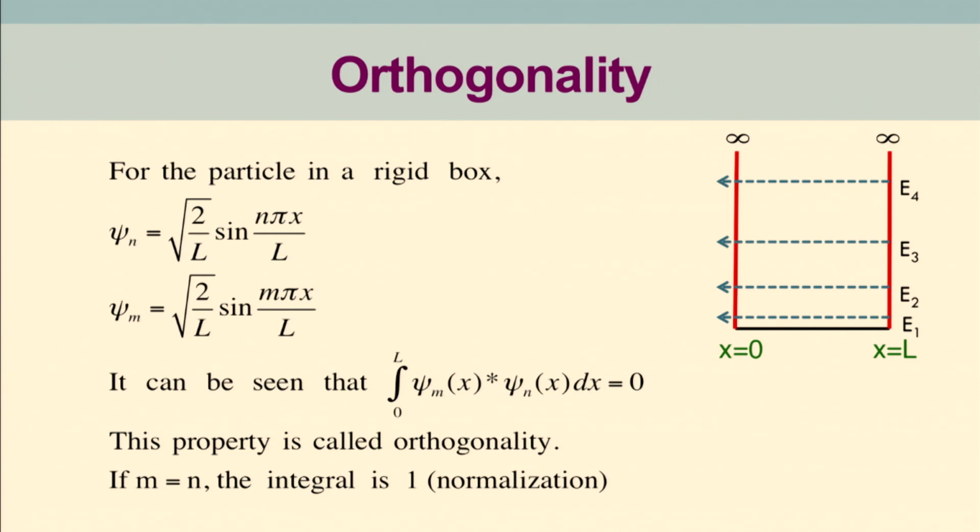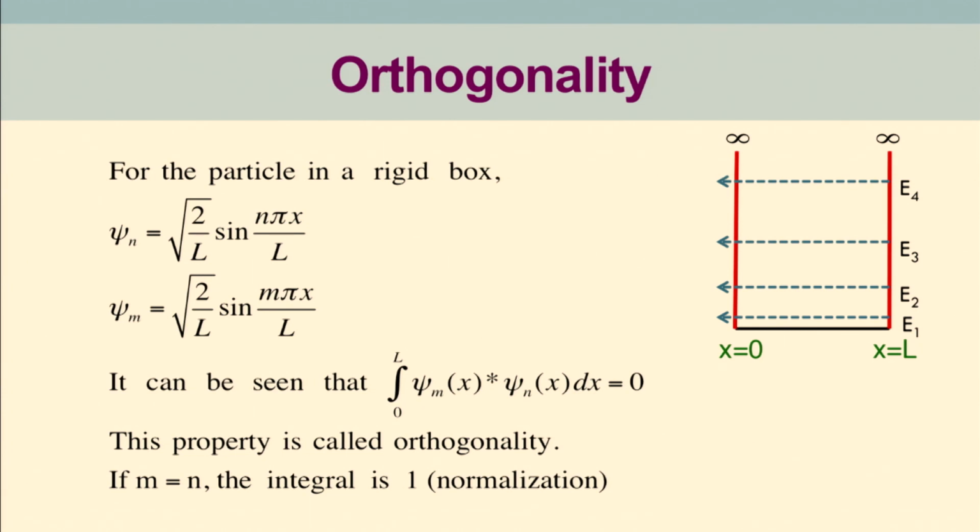And it can have specific wave functions corresponding to those discrete energy values. For a particle in this rigid box, the nth wave function is given by psi n equal to root 2 over L sine n pi x by L, where L is the width of this potential well.